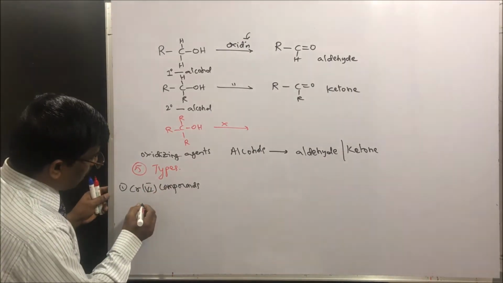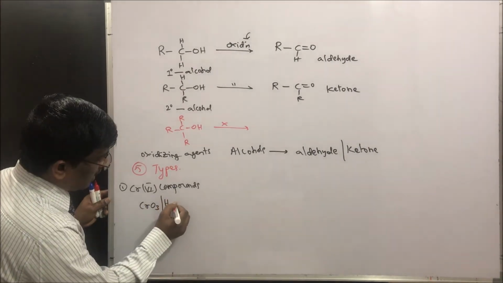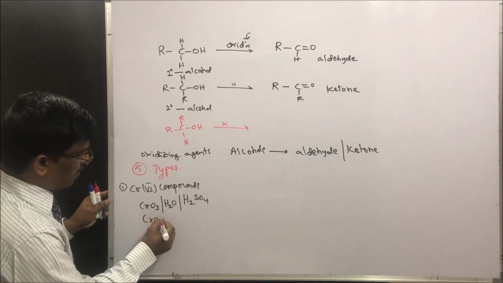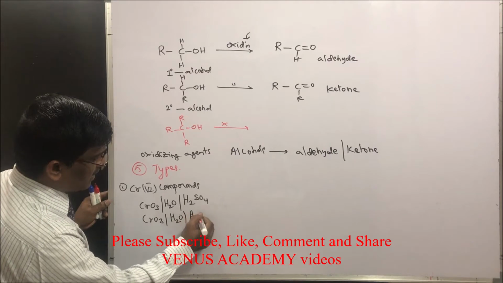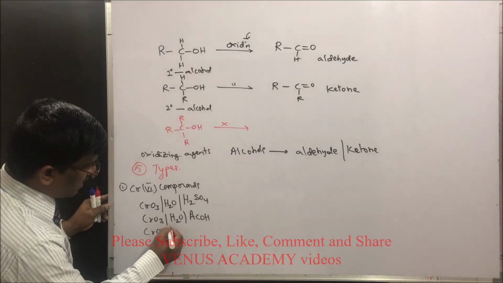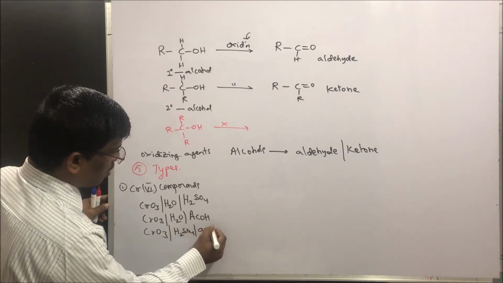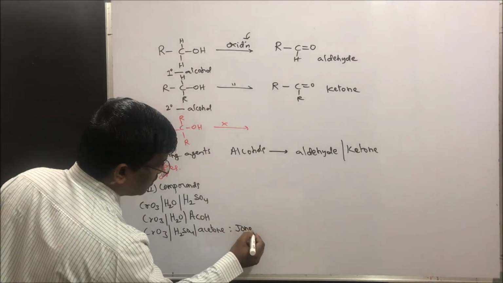The usual compounds are chromium trioxide in water and sulfuric acid, or chromium trioxide in water and acetic acid, or chromium trioxide and sulfuric acid in acetone. This reagent is known as Jones reagent.